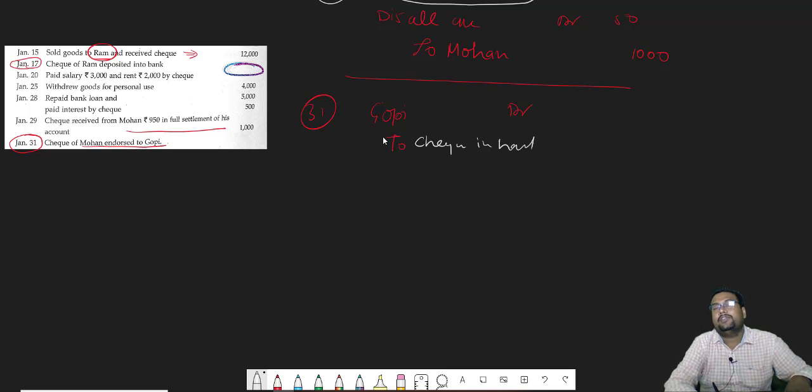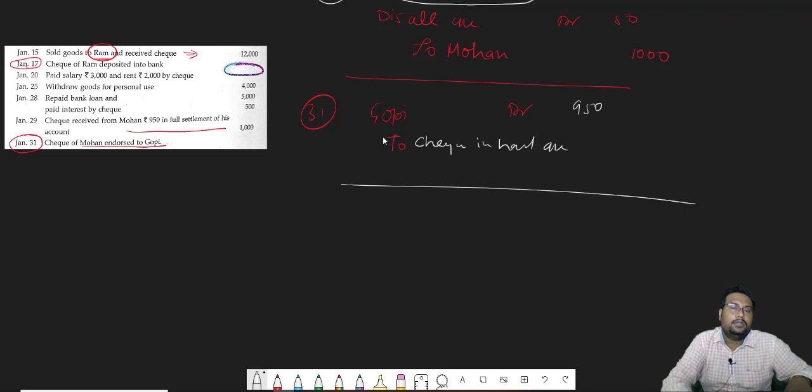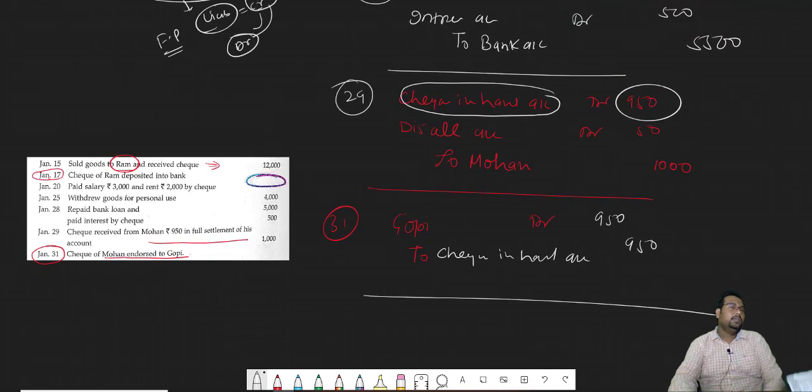Whatever check in hand we received, now it will go out to Gopi. Check in hand account. So Gopi and check in hand will be for the check amount, 950 and 950. We endorse the check amount only.